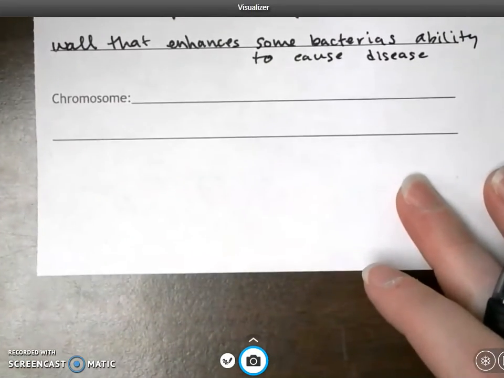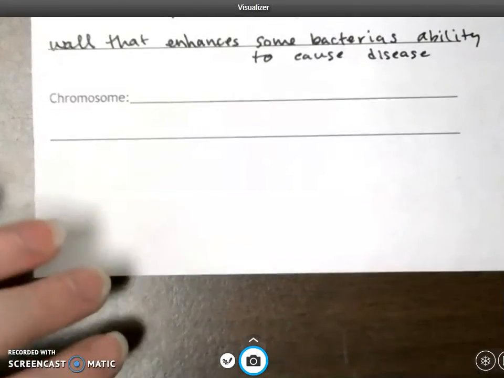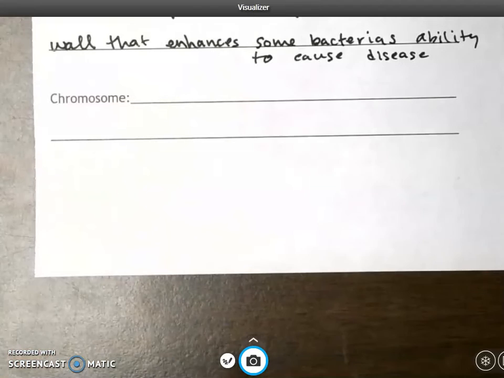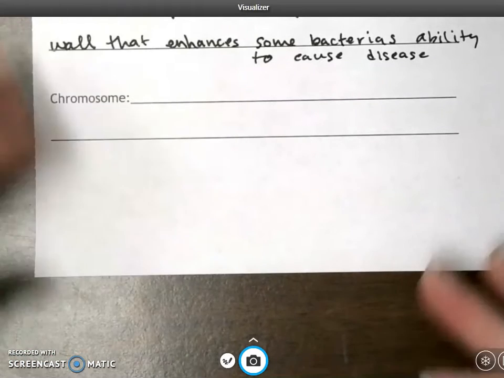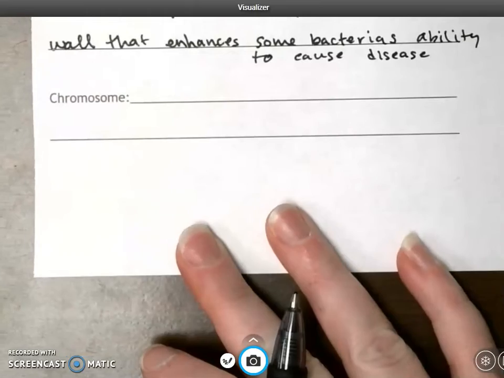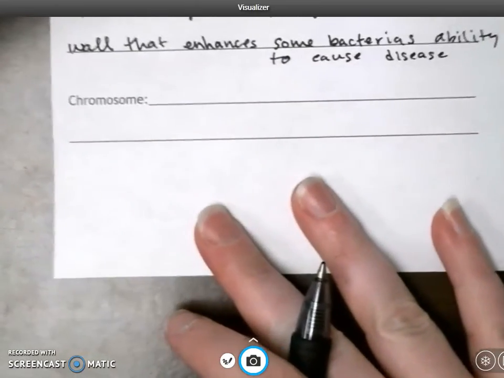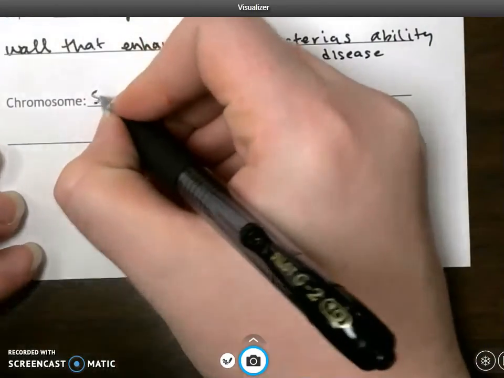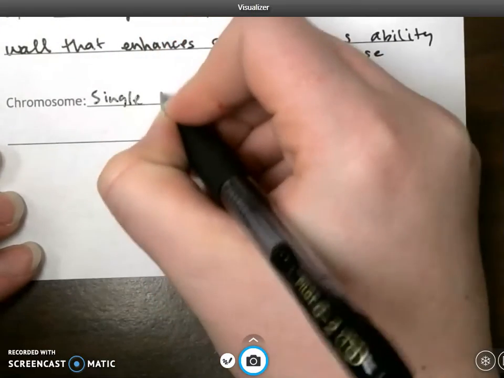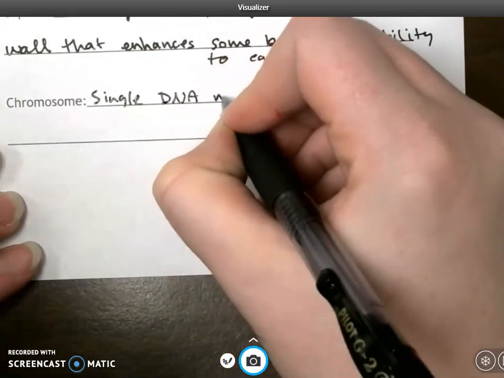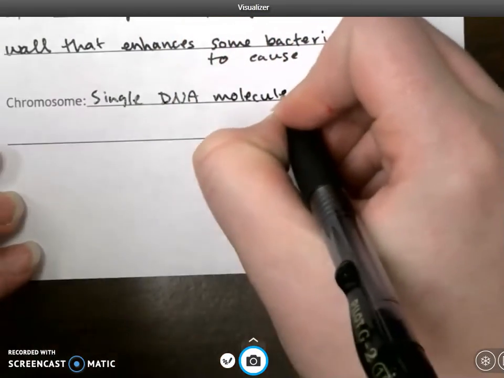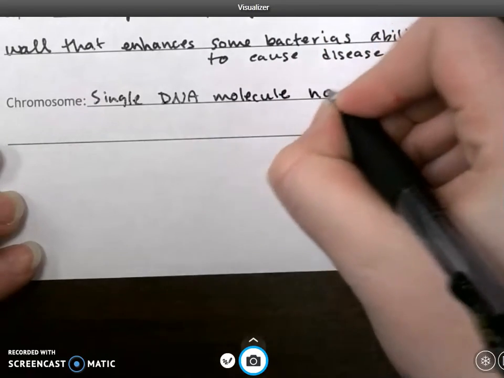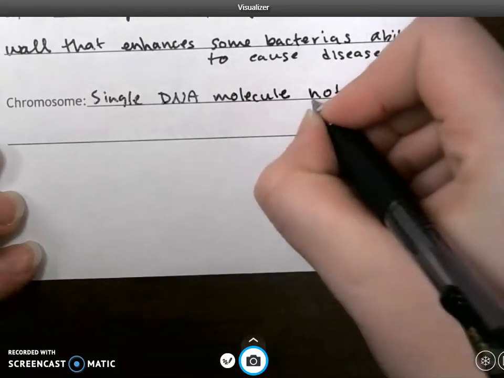And our last structure that we're going to talk about tonight is the chromosome. Now, chromosomes in prokaryotic cells are different than in eukaryotic cells, which is what you and I are made of. Okay, prokaryotic cells, they have a single DNA molecule that is not enclosed in a nucleus.